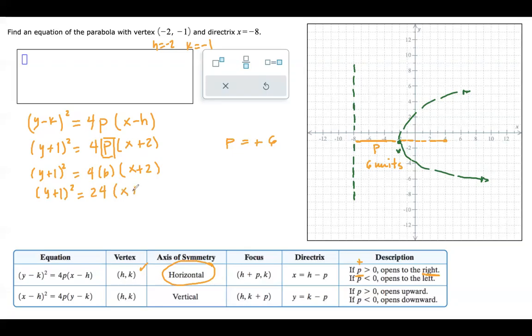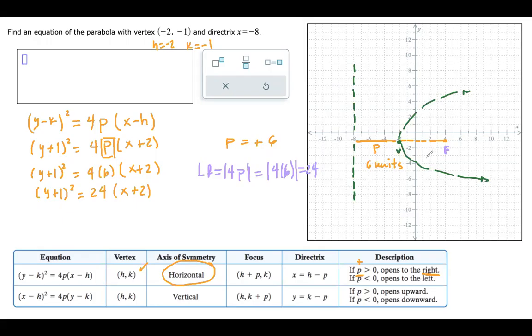and x plus 2. And I'm going to throw in a new piece of information, something called the latus rectum, which helps you find the opening of the parabola at the focus. So your teacher won't ask you for that yet, but the latus rectum is the absolute value of 4 times p. So that is going to be 4 times 6. The absolute value of that is going to be 24.